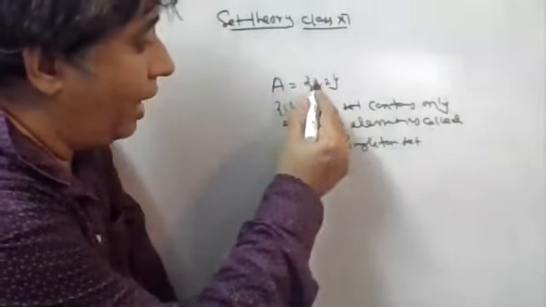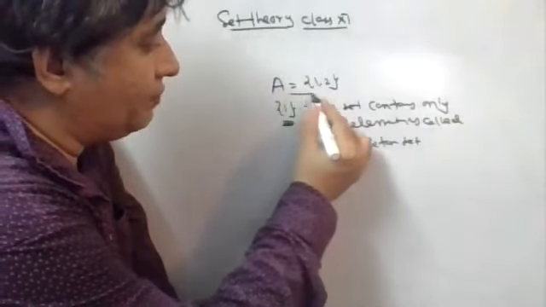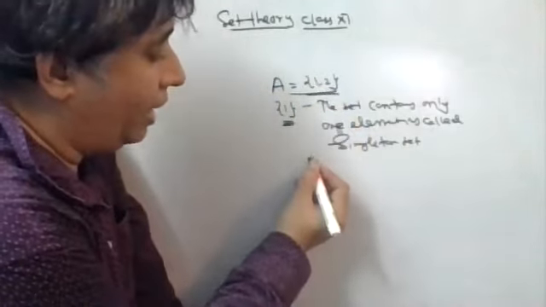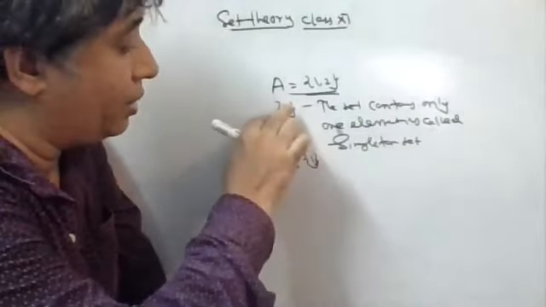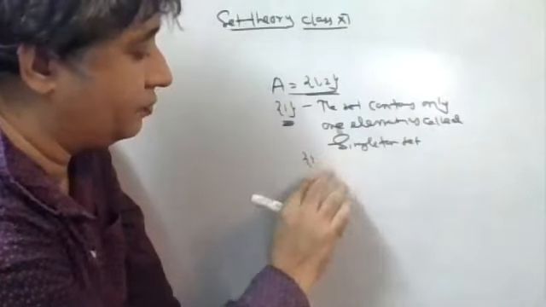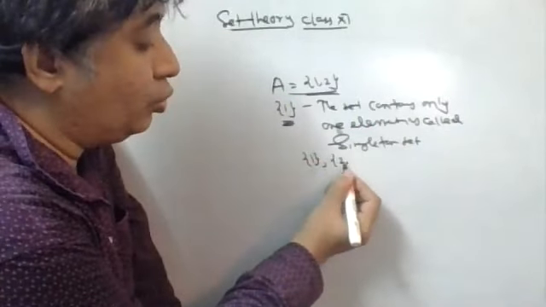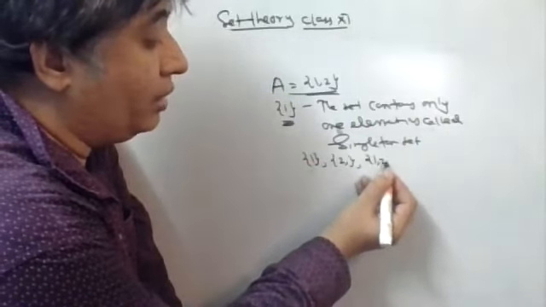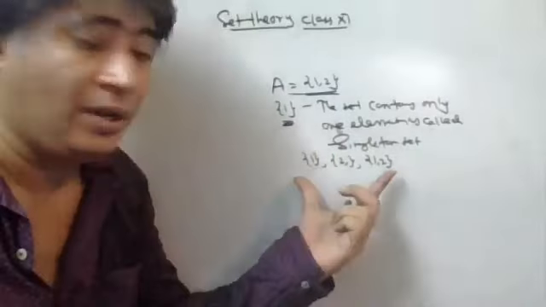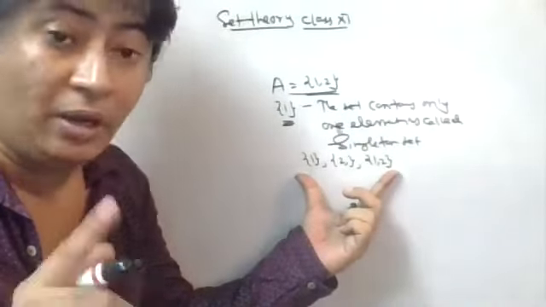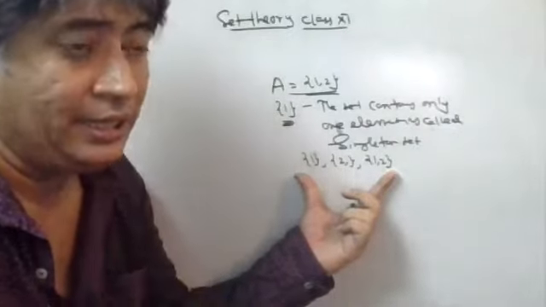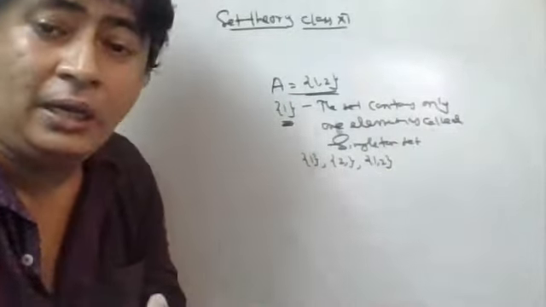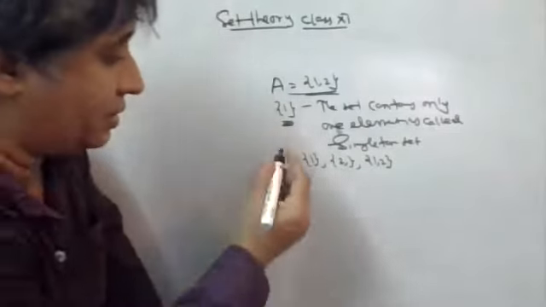So {1}, how many subsets does it have? One. Obviously, this one has to be confined in two brackets. It can be {2}, it can be {1}. Is that all? No, because earlier by definition we have come to know that the null set is a subset of all sets.